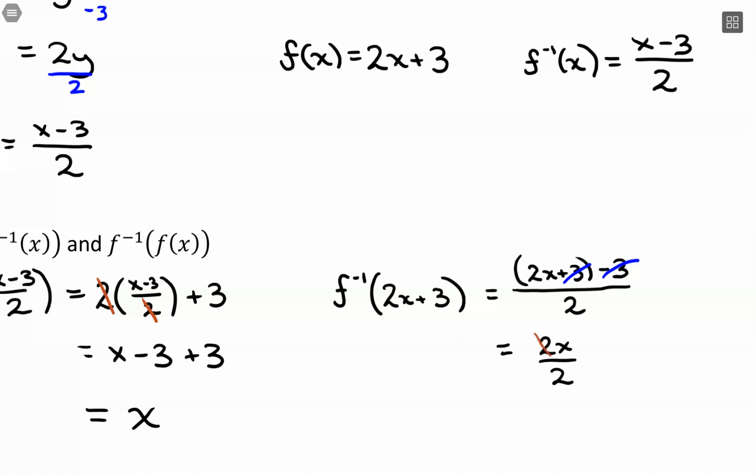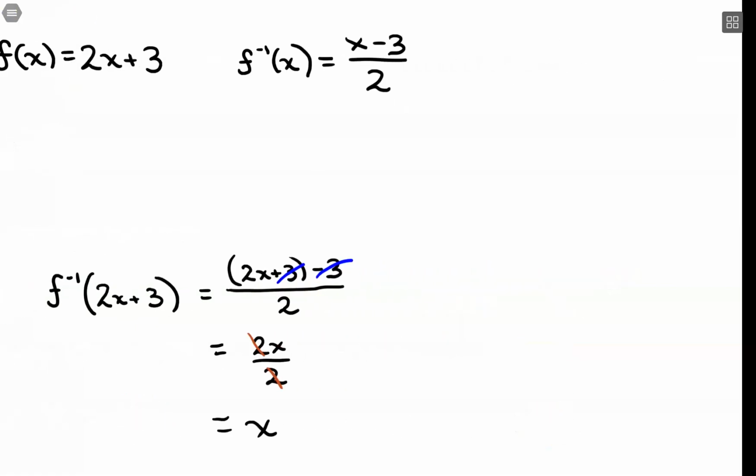And those 2's will cancel. So we're just left with x. And this is a property of inverse functions. Like I was saying, how they reverse the process of the other function. Well, then when you make them composite functions, when you layer them together, it should all kind of undo itself. And it should undo itself in a way that you're just left with x in the end and nothing else.